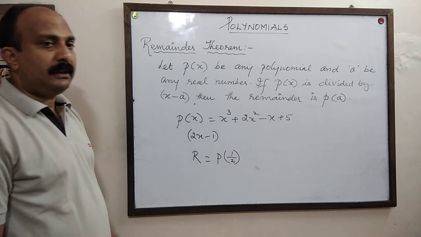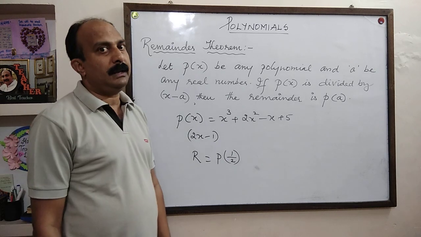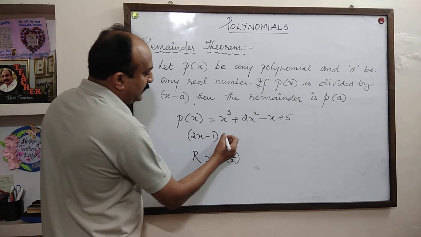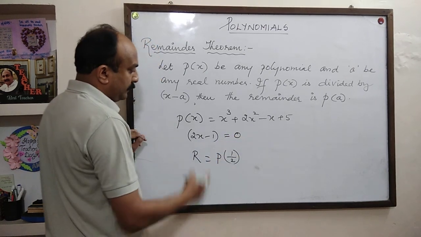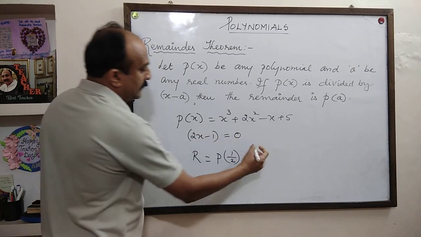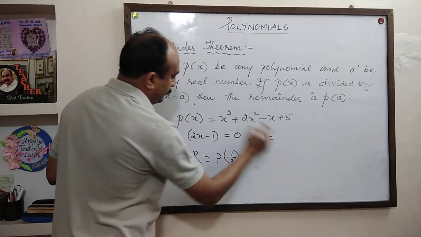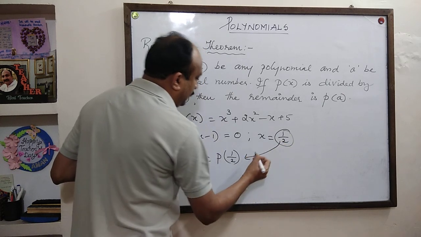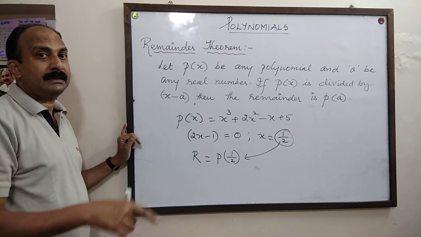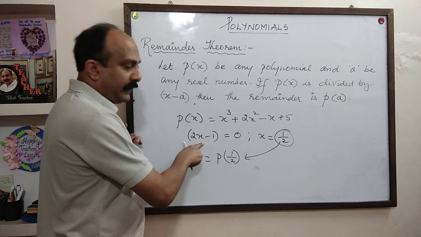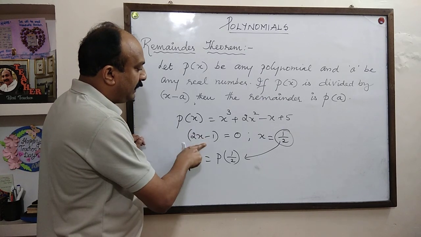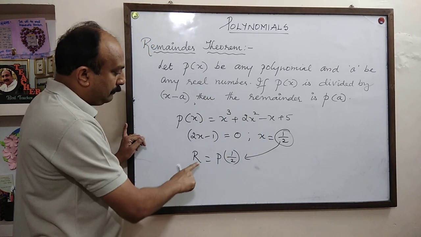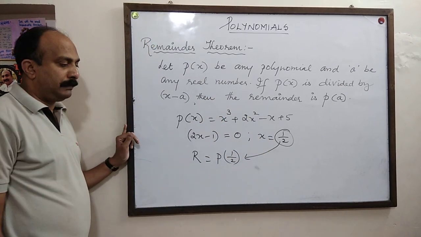So if 2x minus 1 is the divisor, 2x minus 1 equal to 0. Find the value of x. X is equal to 1 upon 2. So by putting the given divisor equal to 0, find the value of x. Then find P of that. That will be the remainder.